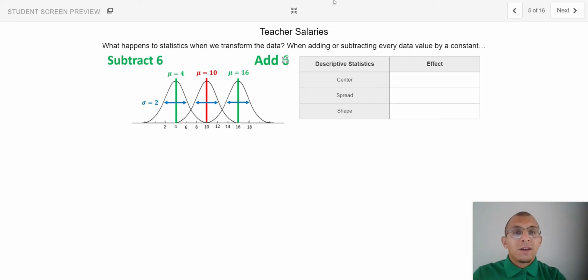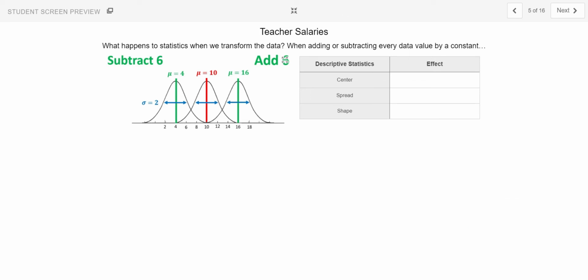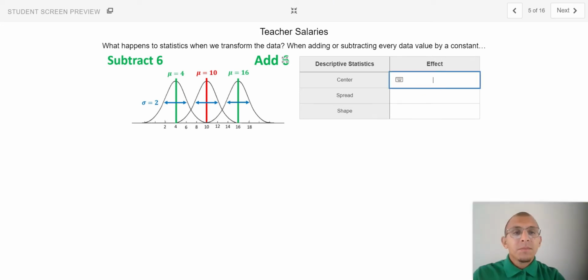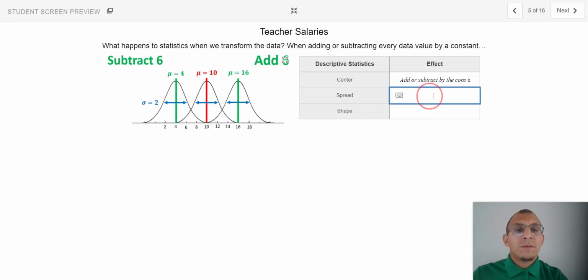So the effect on our measures of center is they are going to add or subtract by the constant amount. And fear not, I will ensure that that is turned to text so you can type.